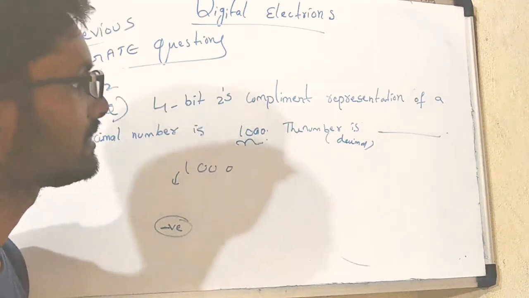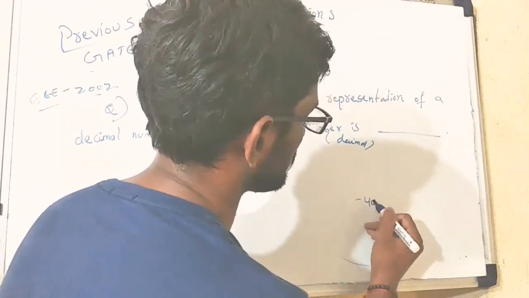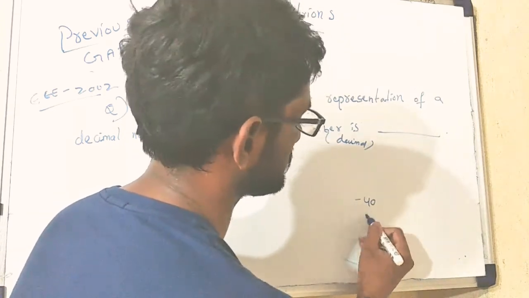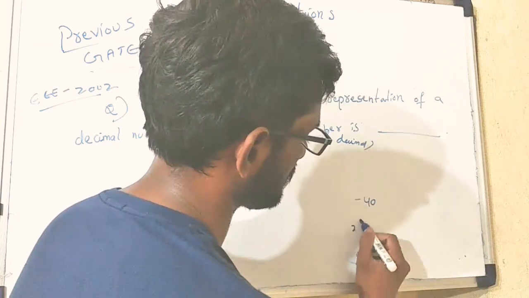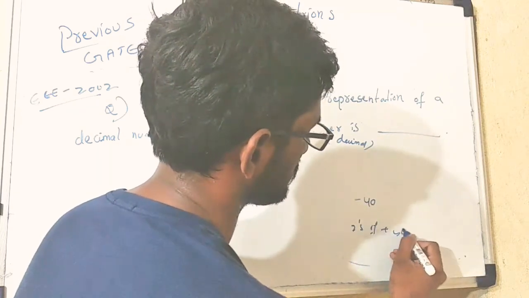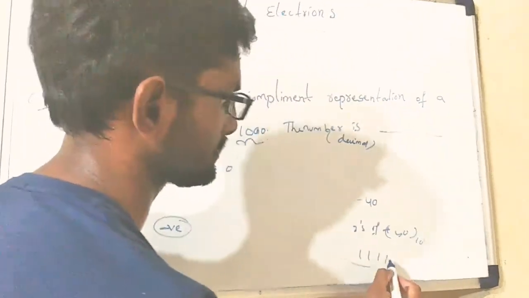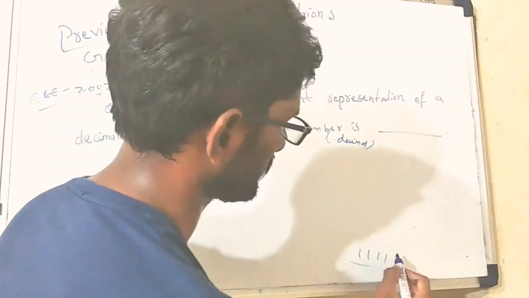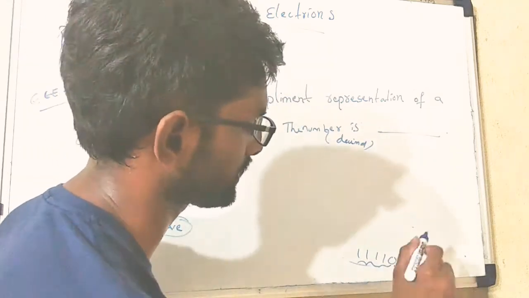For getting the decimal value, if we have a number of -40, the 2's complement representation of -40 is the 2's complement of +40 to the base 10.